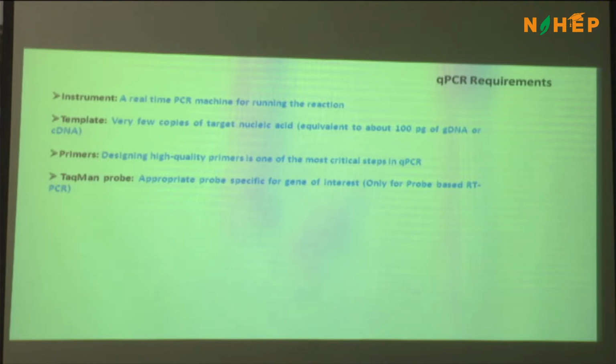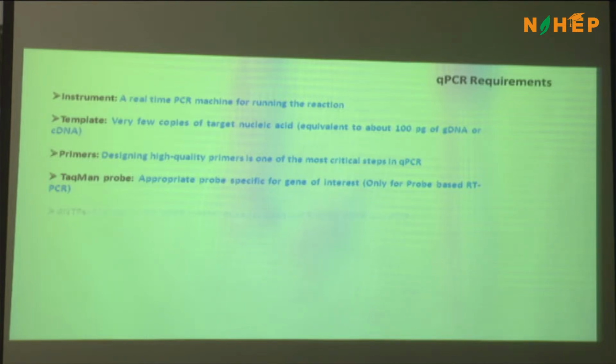And some extra work, you have to again find out the specific sequences from the gene, and you order a company to synthesize the probe. They will be adding the fluorophore and quencher, and they will supply to you, much like what you are receiving from the company in the form of primers.